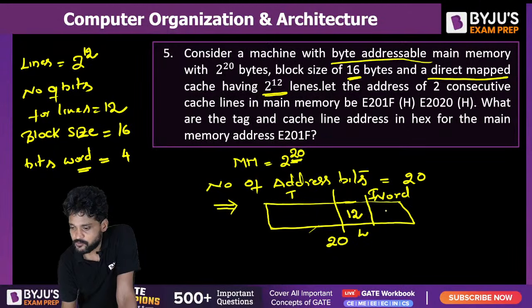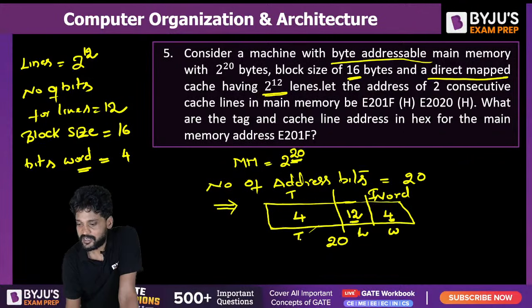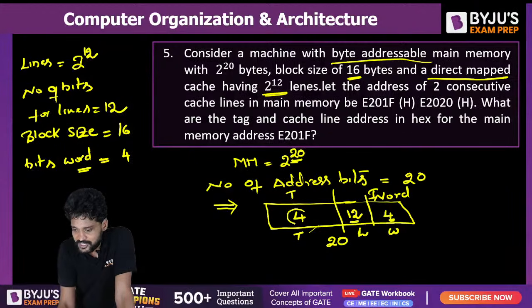So 12 plus 4 is equal to 16 and the remaining is equal to 4, right? So these 12 bits are for the line and these 4 bits are for the word and the remaining bits are for the tag. So here in the total 20 bits, the first 4 bits are for the tag and the next 12 bits are for the line. The next 4 bits are for the word field.